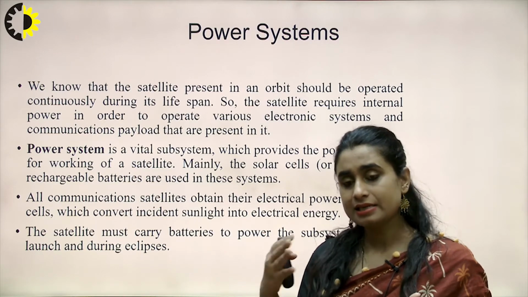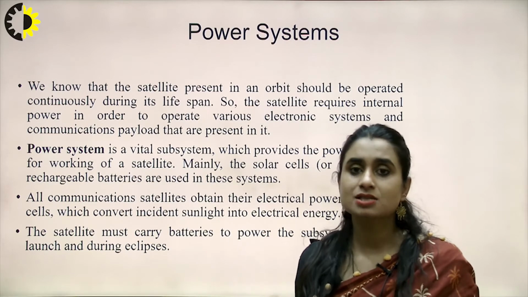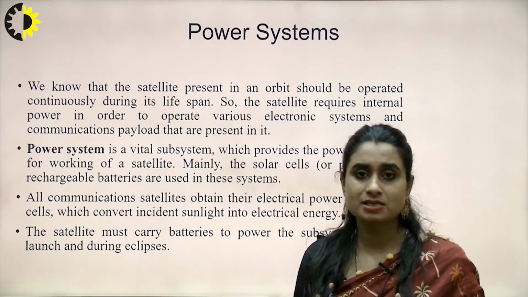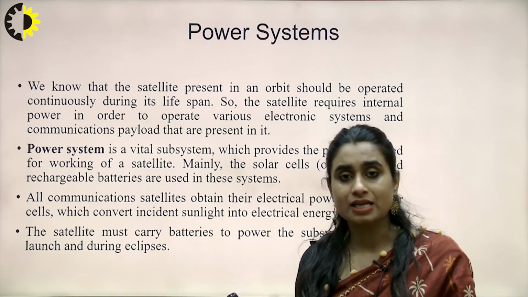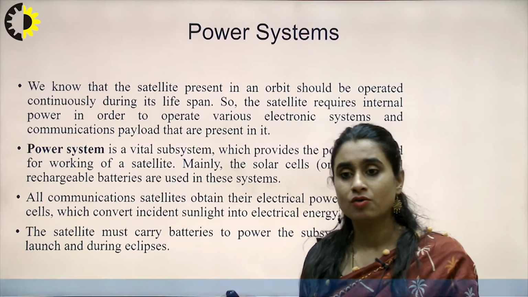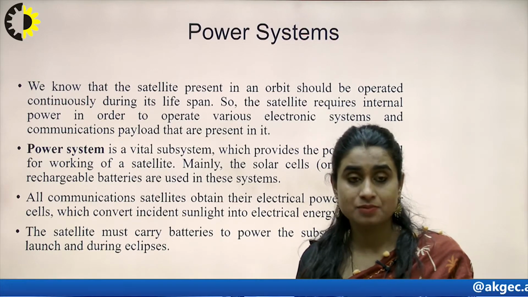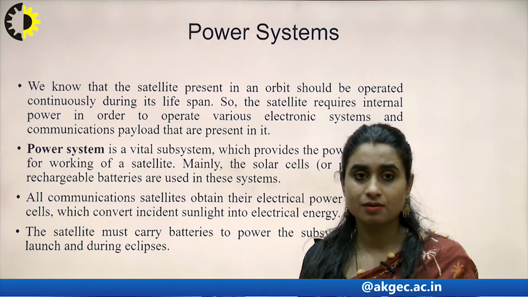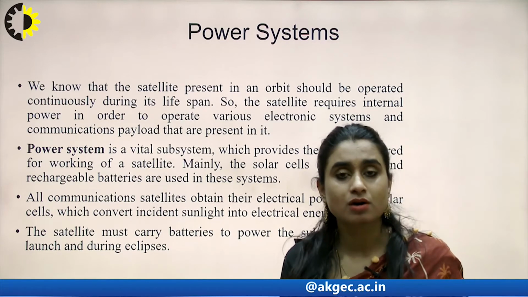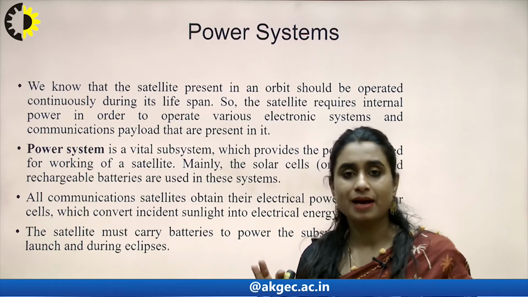We need an uninterrupted power supply. The sun is the only source out there in space, but we need to equip our satellite with batteries also for conditions like a solar eclipse or when the solar panels don't work properly. So, there must be a backup with it.